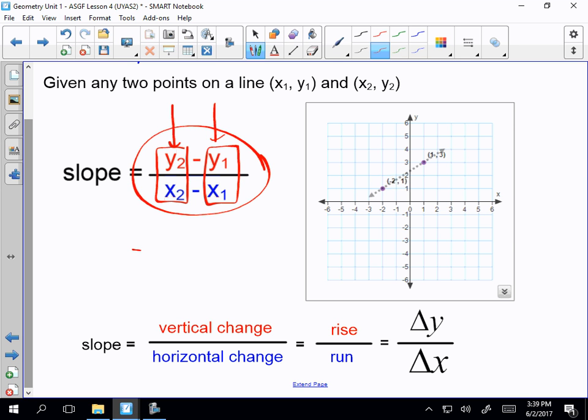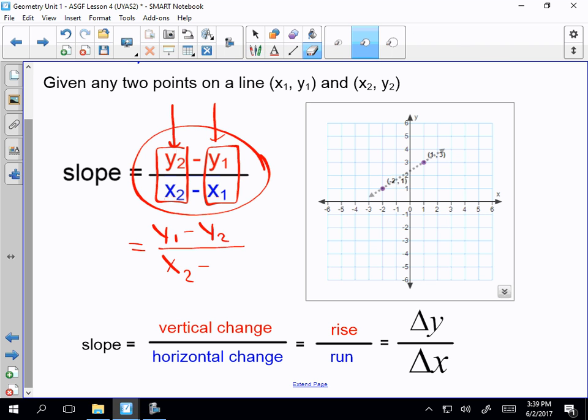They have to be paired top and bottom. Or we can have y1 minus y2. If we start with y1 on top, we have to start with x1 on the bottom and subtract x2 to find that distance between the 2 points.